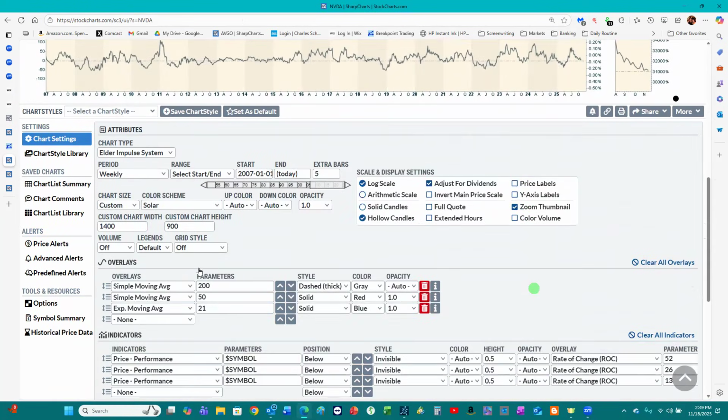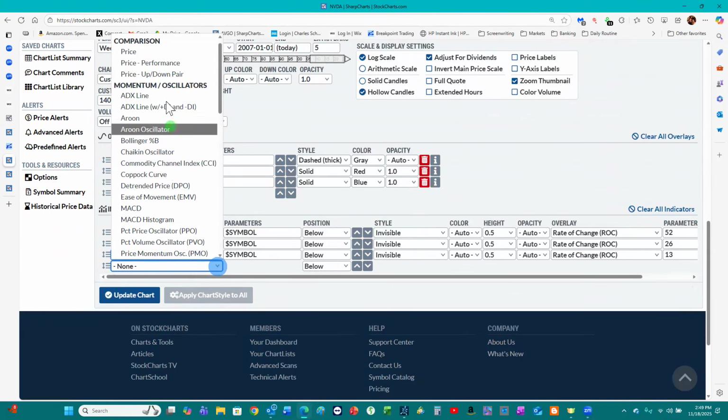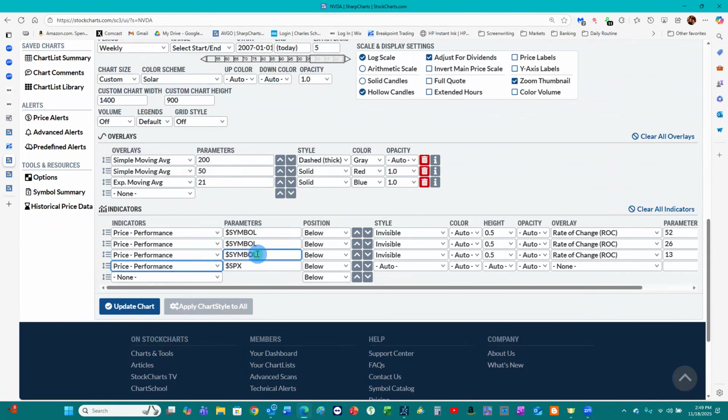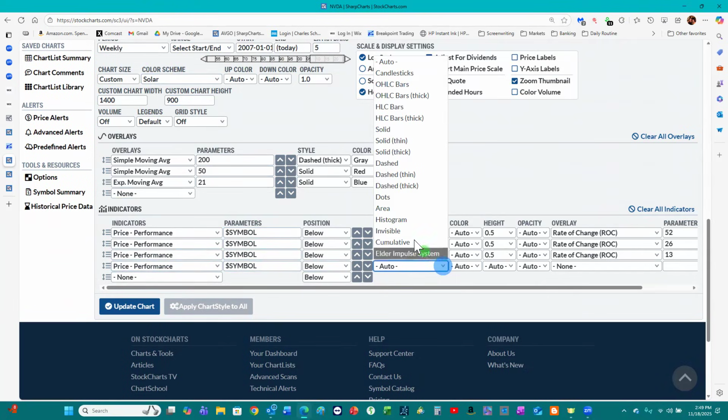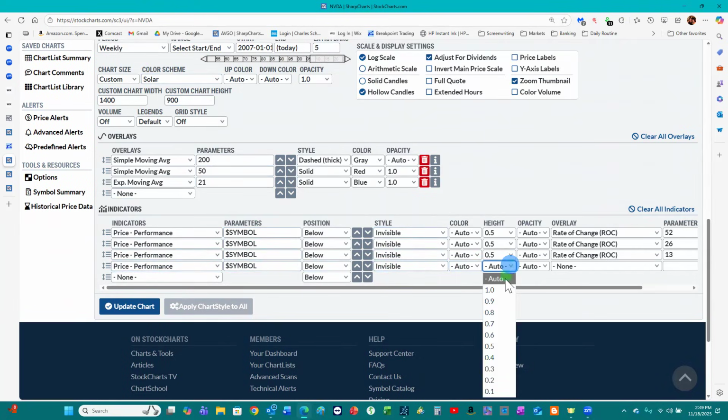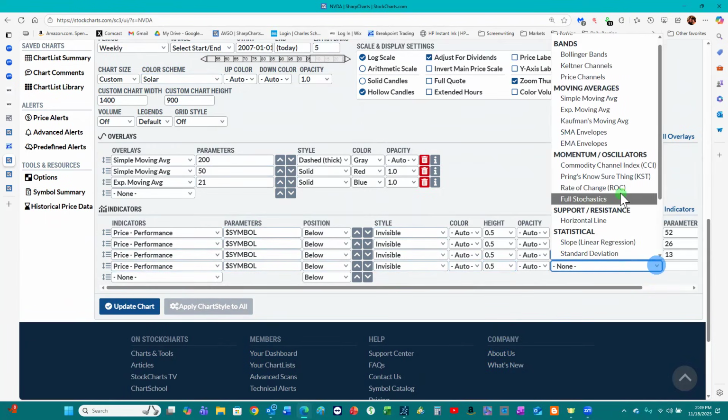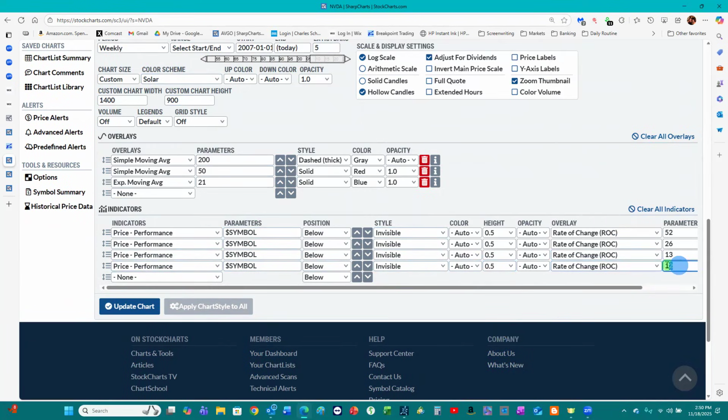I can actually put in another level here, do price performance, put in the symbol again, make it invisible, make it half so they're all the same, and then add a rate of change right here. And in this case, I'm just going to make it a rate of change of 1 week.